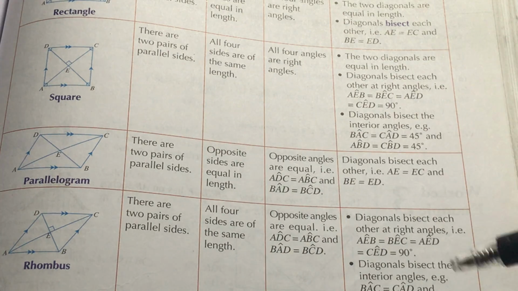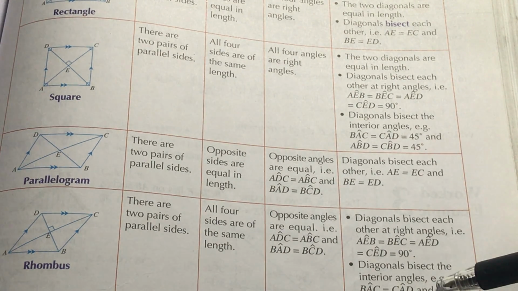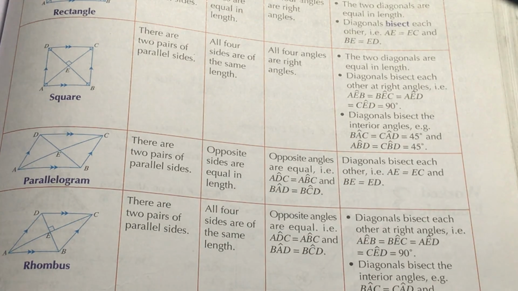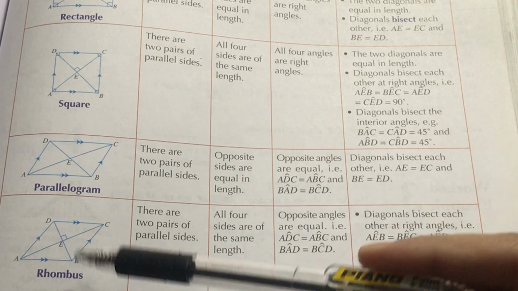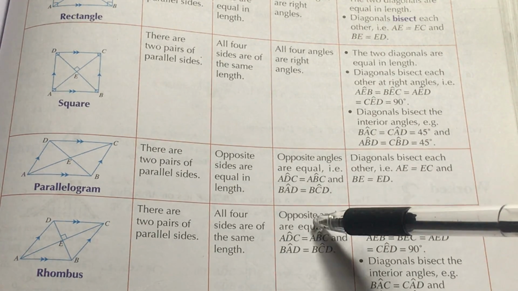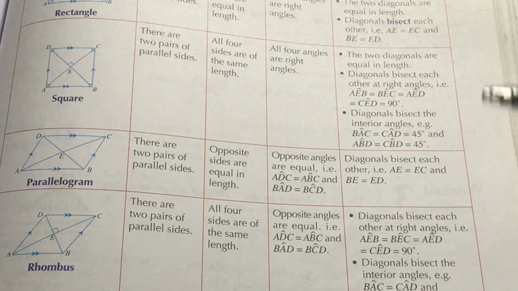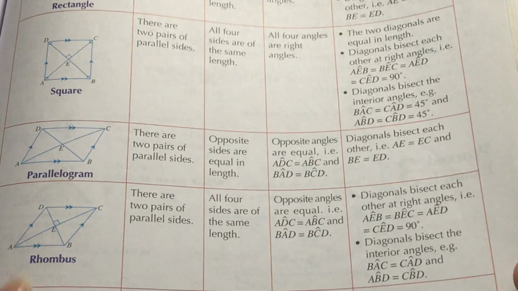The difference is, in a square you have four right angles, but in a rhombus we don't have right angles. In this, the property is opposite angles are equal, right? Hope you have understood the properties of a rhombus.